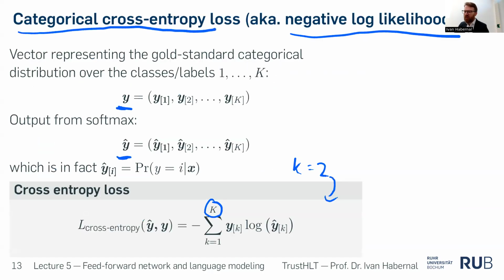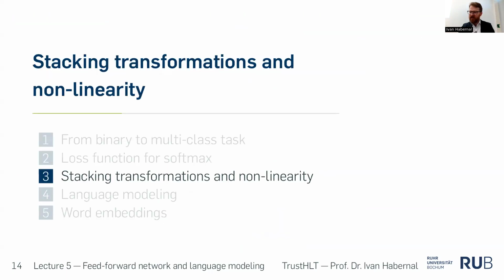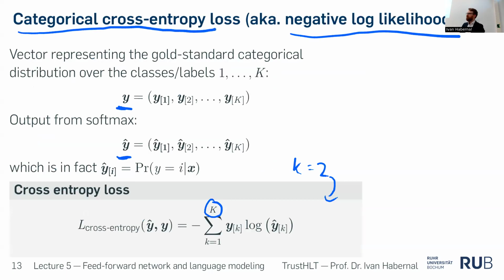Okay, so what do we have so far? We have our model, which is a linear projection. We can project it into a probability, 0 or 1 for a binary task, or into a probability distribution over multiple classes.